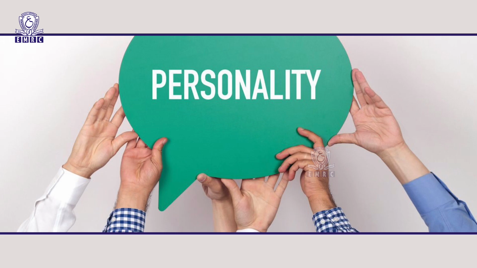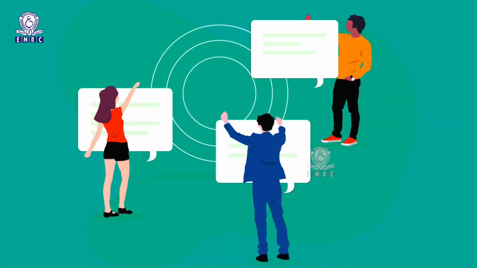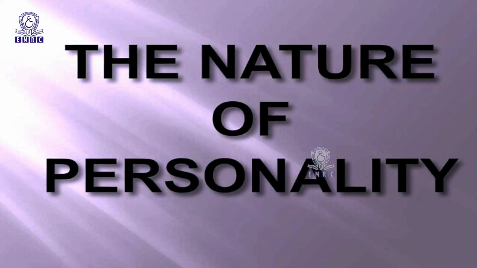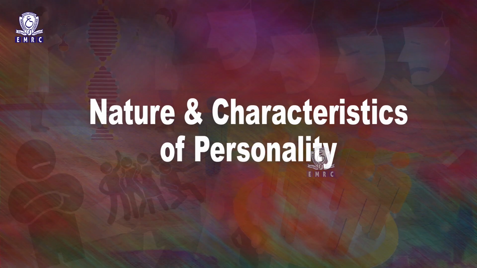Very interestingly, after knowing various definitions of personality defined by psychologists, though there are differences in views, all psychologists agree on certain common characteristics. The understanding of the nature of personality will be clear if we go through the characteristics of personality.